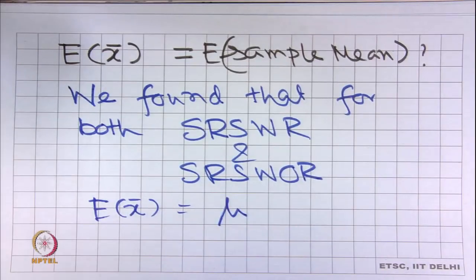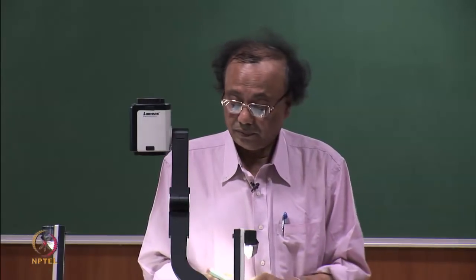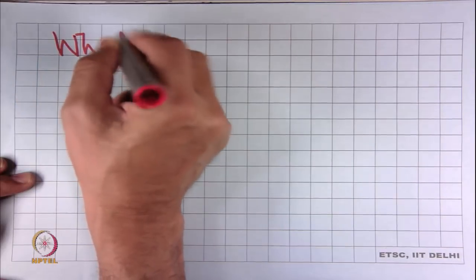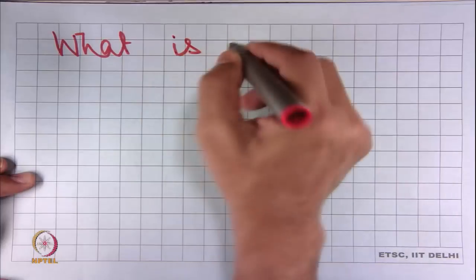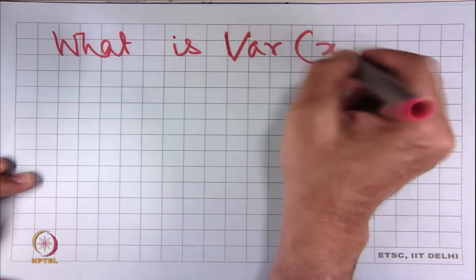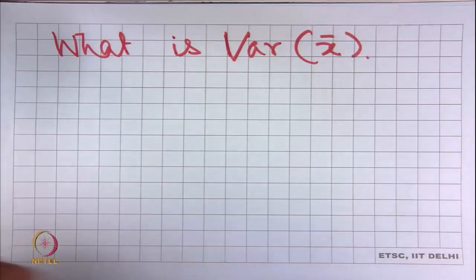In the last class, we started discussing the variance of x bar. Today, I will start with that again.